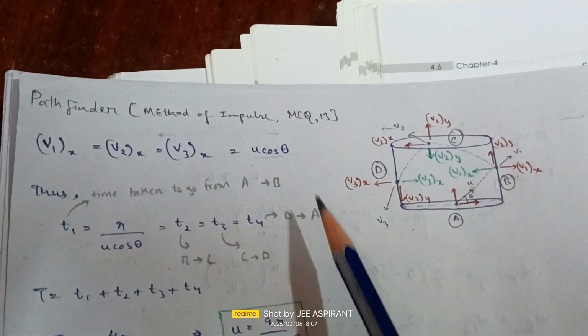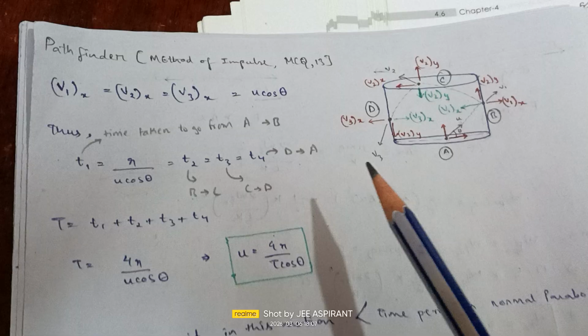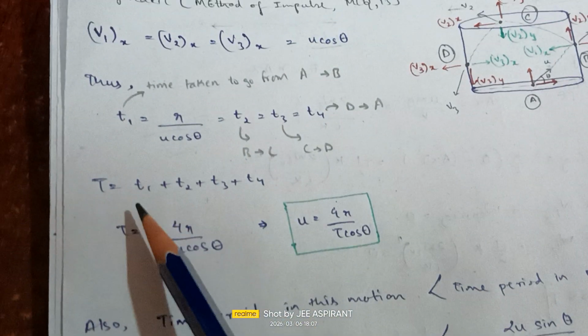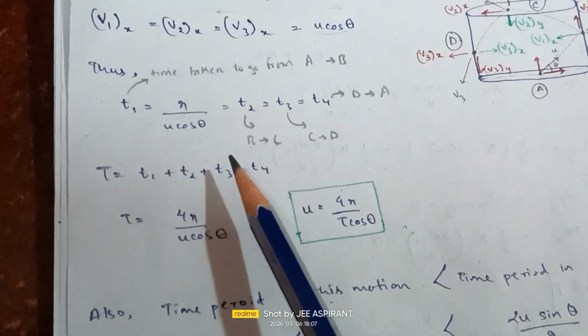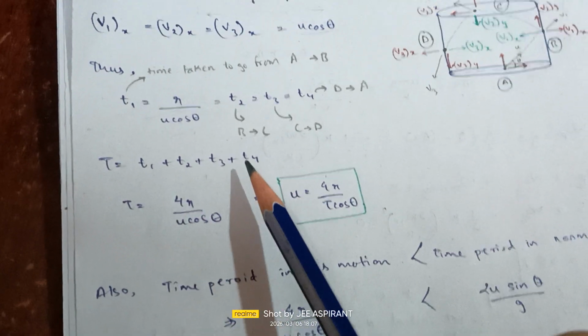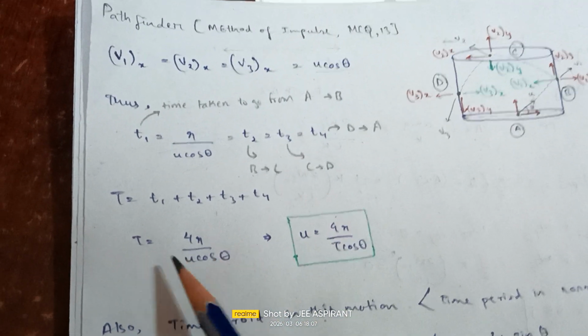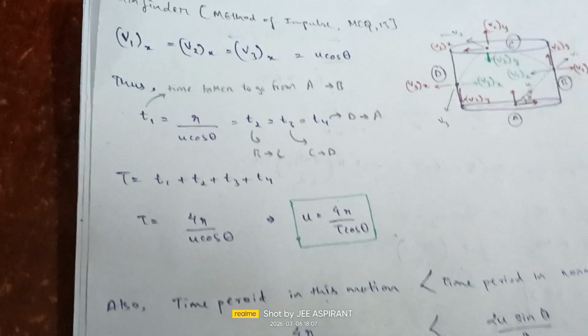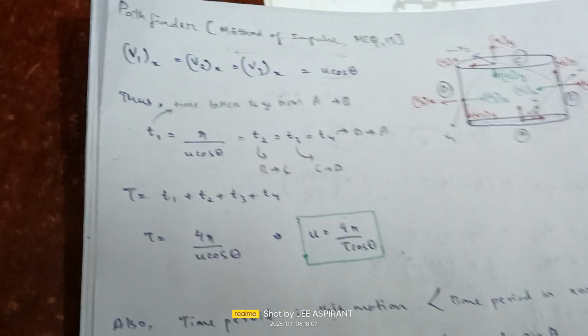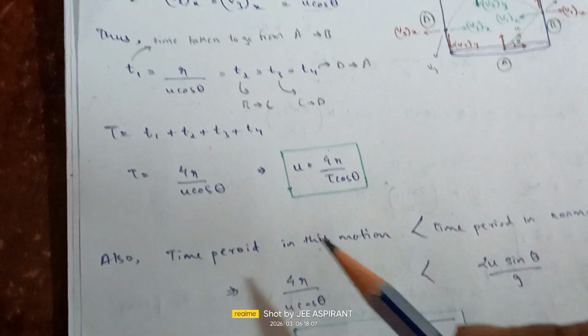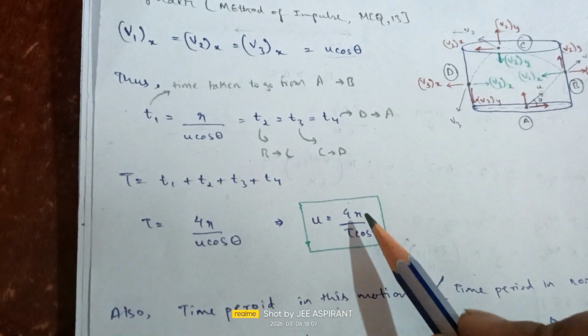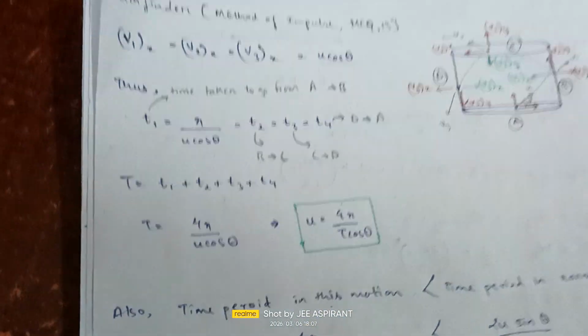It is given in the question that the total time period is t. So we can say that t1 plus t2 plus t3 plus t4 is t. So we can find u equal to r by t cos theta.